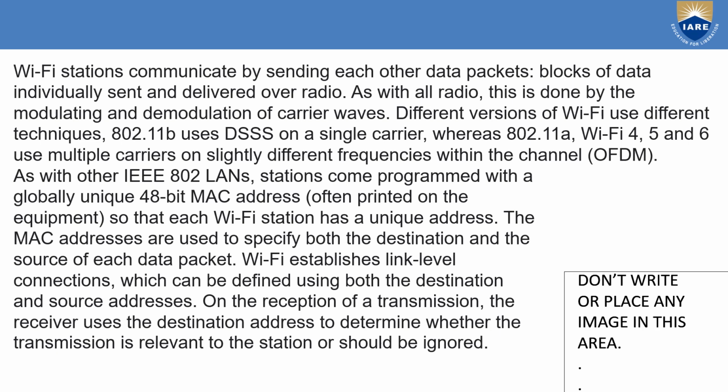Wi-Fi establishes link level connections, which can be defined using both the destination and source addresses. On the reception of a transmission, the receiver uses the destination address to determine whether the transmission is relevant to the station or should be ignored.